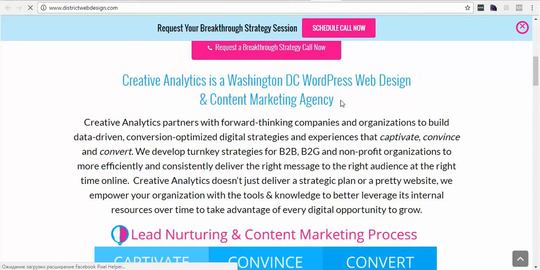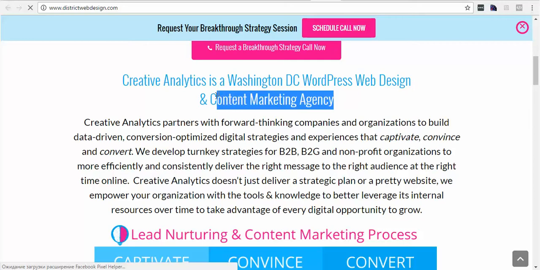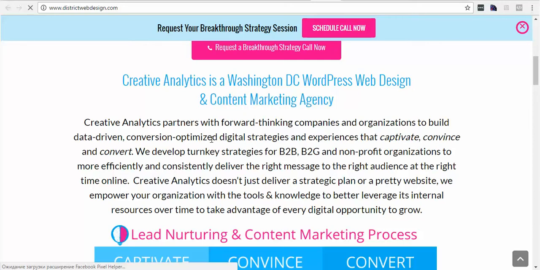And web design and content marketing makes your business in the prospect's mind almost certainly rather fuzzy, because most people looking at any sort of online marketing are going to have a category for web design and a different category for content. And you can't really fit into both, unfortunately.